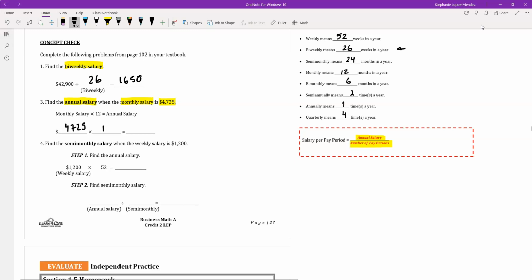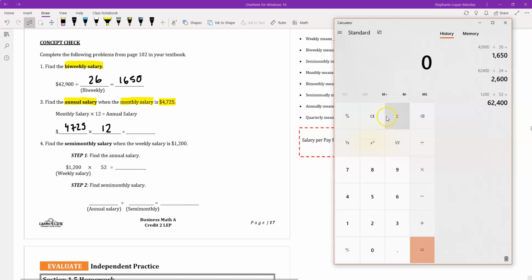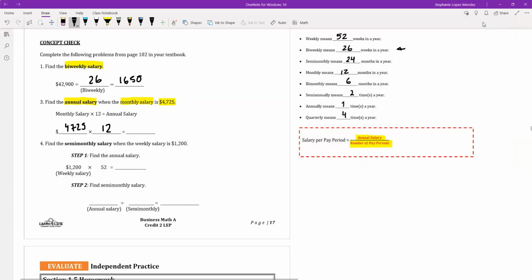We have 12 months, so I'm going to multiply by 12. I'll go to my calculator and have 4,725 times 12. That gives me a total of $56,700.